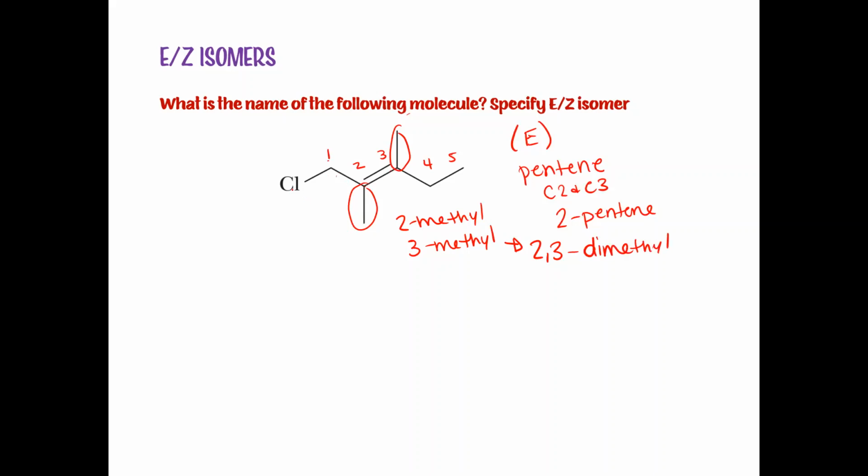And off of carbon 1, we have a chloro group, so it's 1-chloro. Because C comes before M, the name of this one would be 1-chloro-2,3-dimethyl-2-pentene.